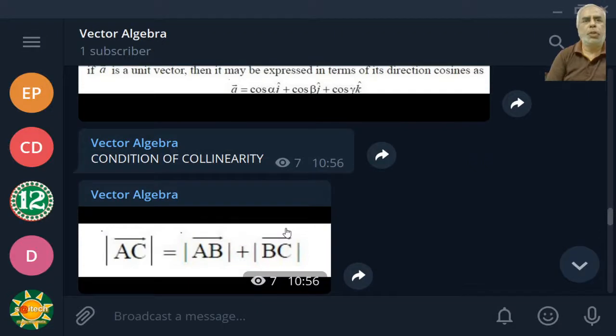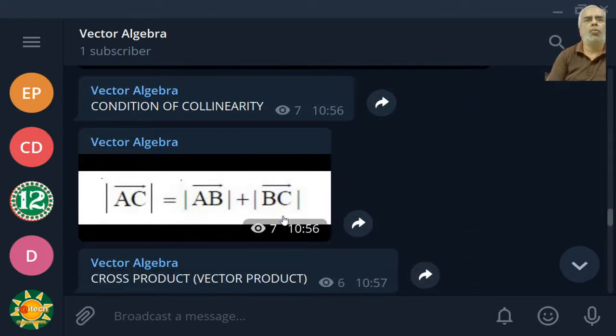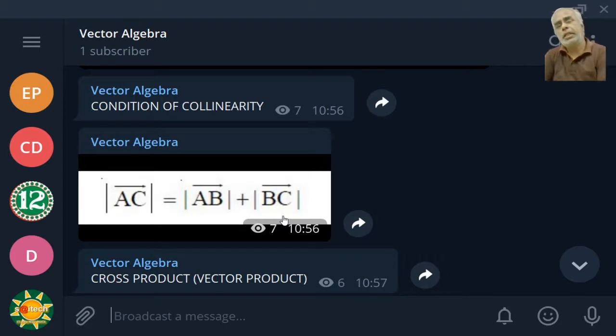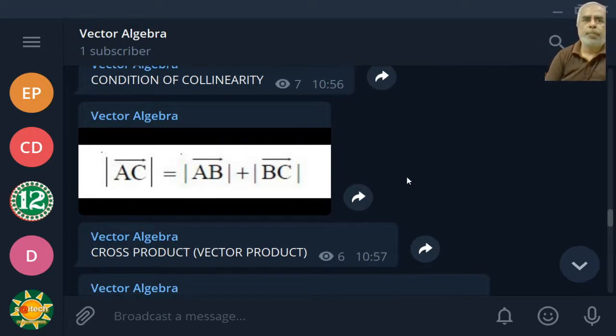And we should know something about the condition of collinearity. The modulus of vector AC is equal to the modulus of vector AB plus the modulus of vector BC. This is the condition. How? Because AB plus BC constitute AC, is it not?